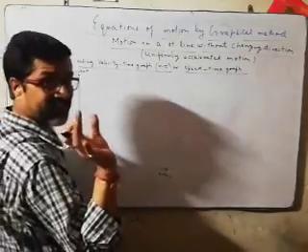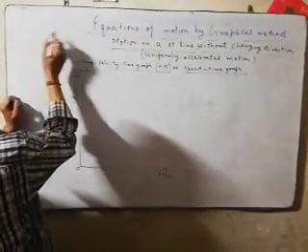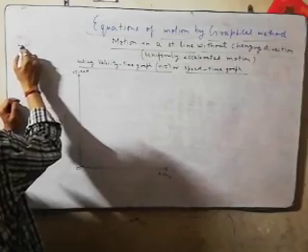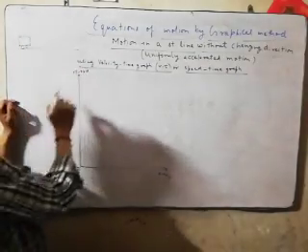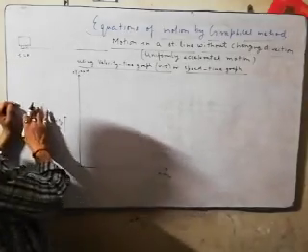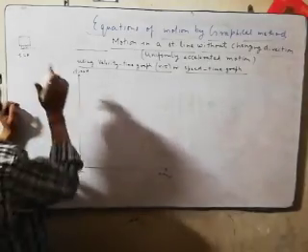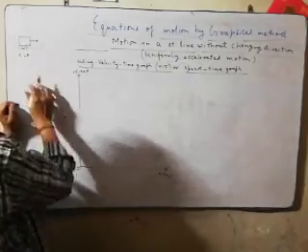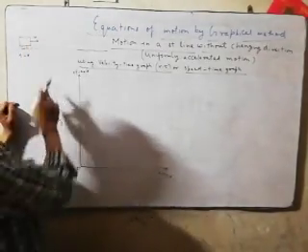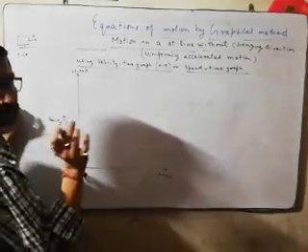So initial velocity, maybe a vehicle was there and at time equal to 0, the observer observes the speed u or velocity u, called initial velocity.